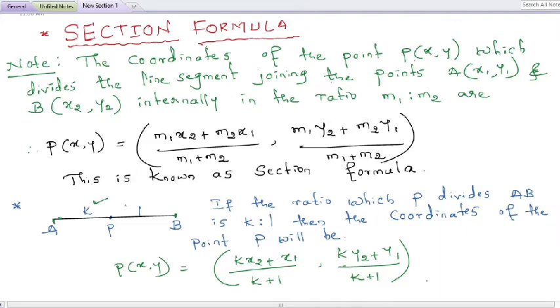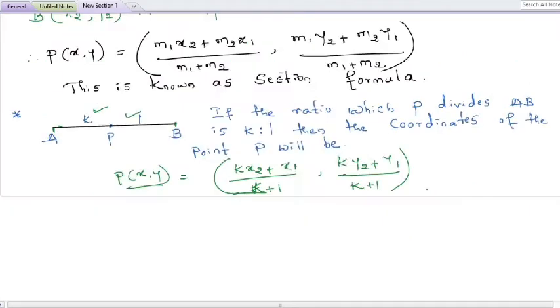If the ratio in which P divides AB is k is to 1, then the coordinates of the point P will be, therefore, P of x comma y is equal to kx2 plus x1 divided by k plus 1, ky2 plus y1 divided by k plus 1.